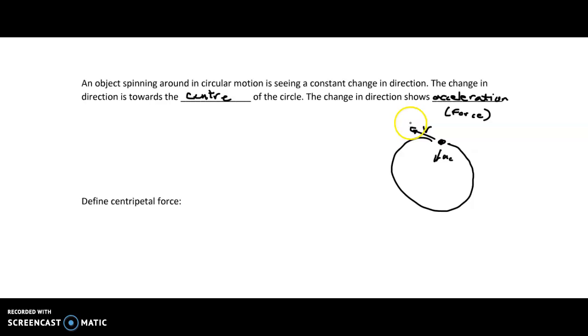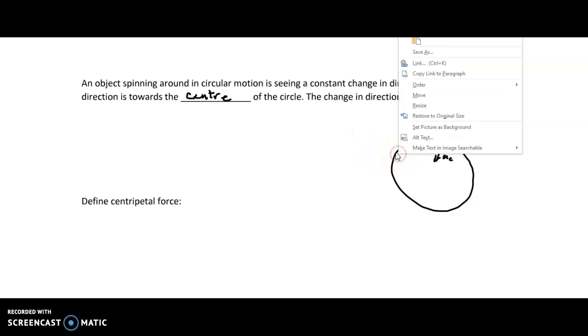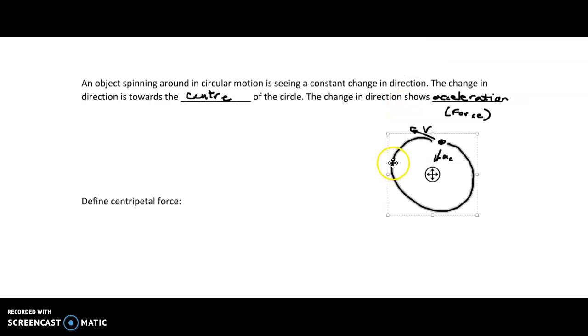And because it's moving along in this pattern, being pulled towards the center, when it gets to another point such as here, it's now moving this way, but again, the acceleration is constantly pulling it to the center of the circle. And so you can see how the velocity is constantly changing, but the acceleration is always changing as well.